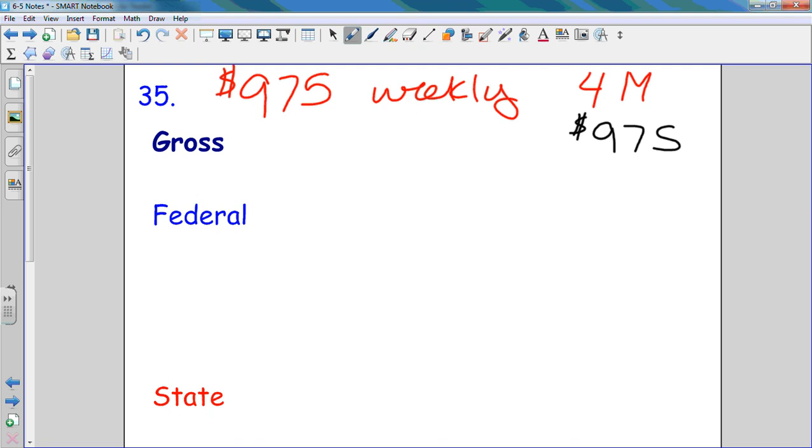This is when you have to use it. So, what's the first step? Step 1, I need to find out how much to subtract based on his 4 withholdings. So look at your chart on page 225. At the top, he gets paid weekly. How much do you get to subtract out per withholding? $67.31.